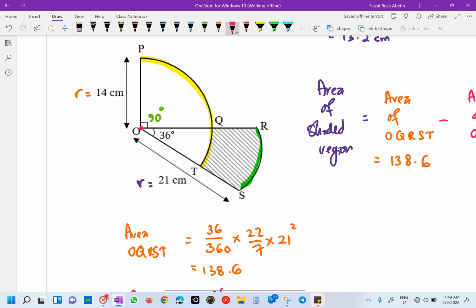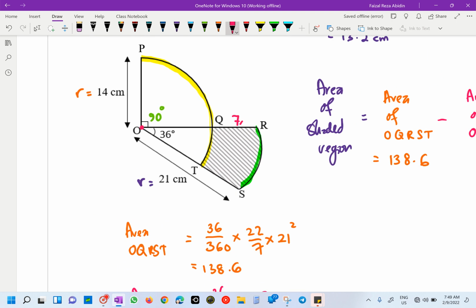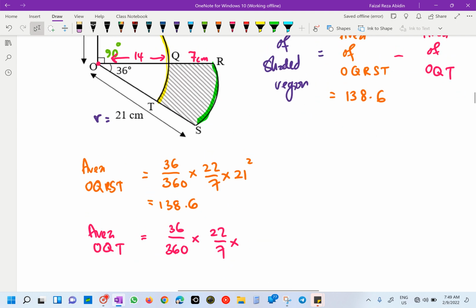Jangan ambil 7 pula. 7 dekat QR tadi. So, O to Q here is going to be 14. That's the radius. So, you are going to get over here 14 square. Jangan lupa square.